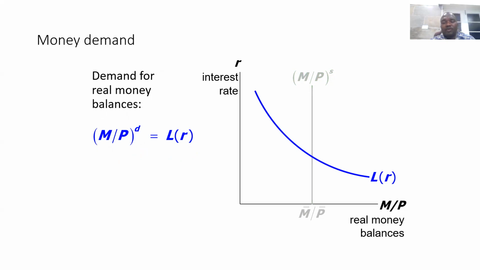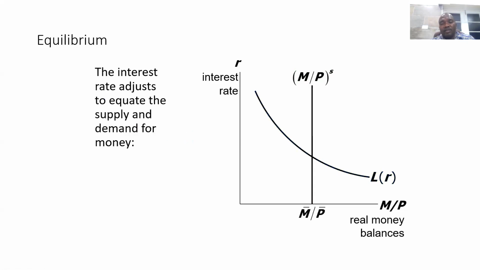It's mainly because of the speculative motive that the money demand function is downward sloping. LR is the liquidity preference or money demand function. Where the money demand function or liquidity preference curve, which is blue here in color, intersects the money supply function, we've got equilibrium in the money markets.